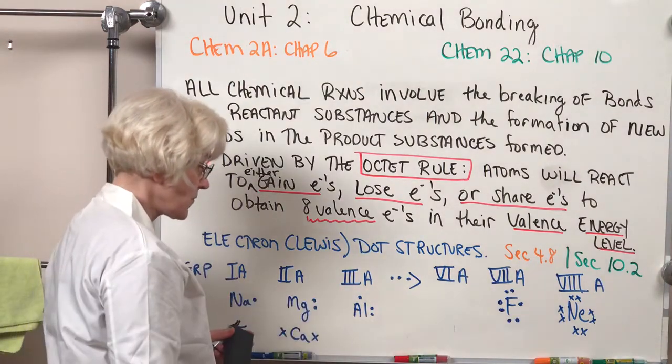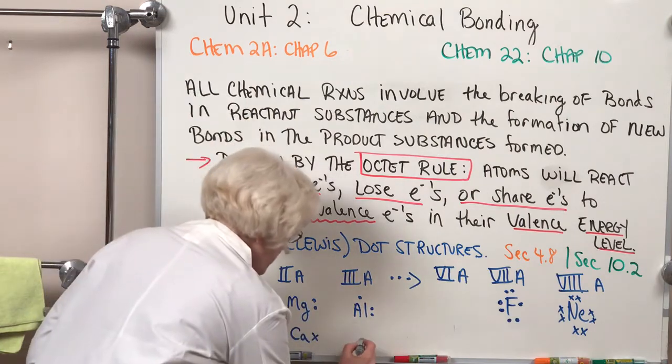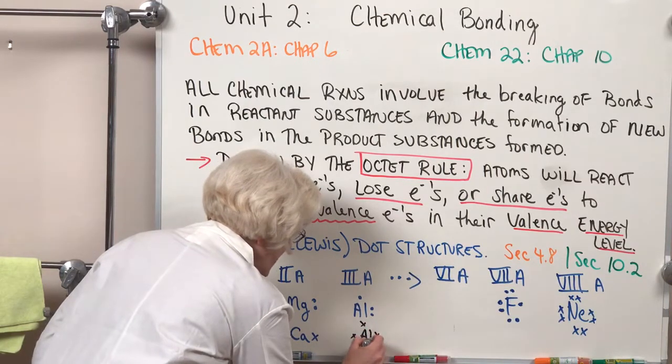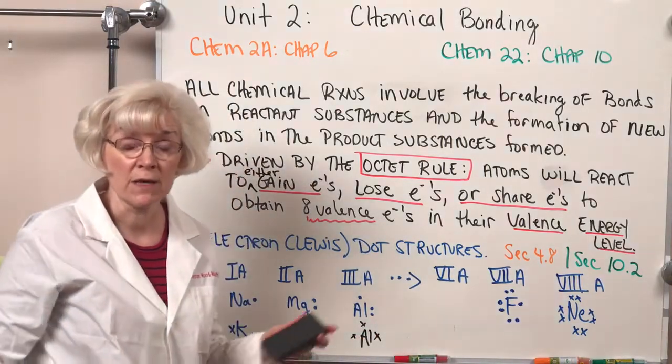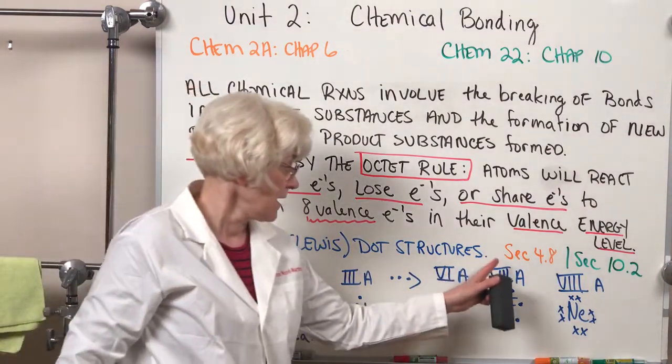Aluminum in family 3A with 3 valence electrons. I could have also shown aluminum using X's and split those 3 electrons apart, no problem, as long as I have the correct number.